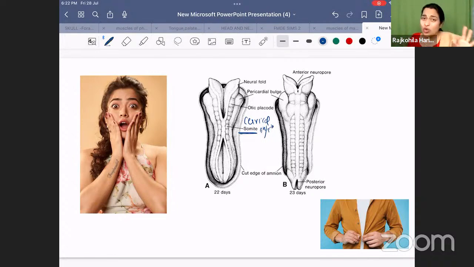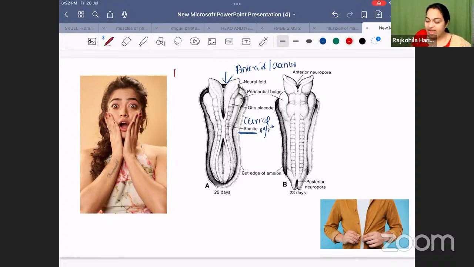So which neuropore will be the first to close, the one which is above or the one which is below? It is in the cervical region, right? So logically it makes sense for the neuropore at the top, which is called the anterior or the cranial neuropore, to close first, isn't it?